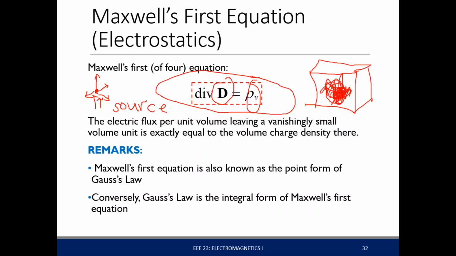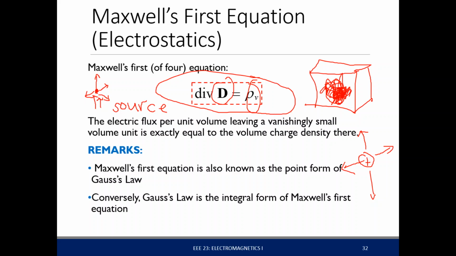Remember then that for a positive charge, the electric field emanates from the positive charge. So if your volume charge density is positive, the divergence of your flux density is positive.